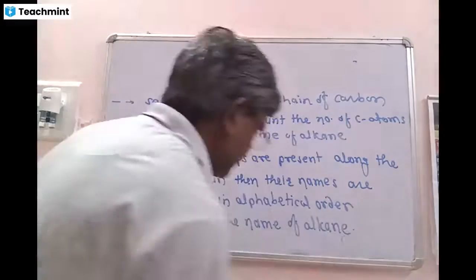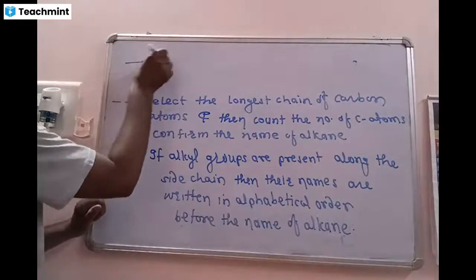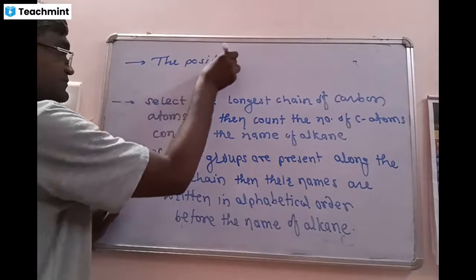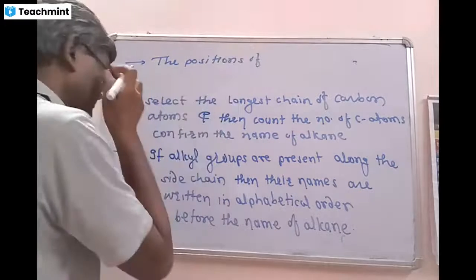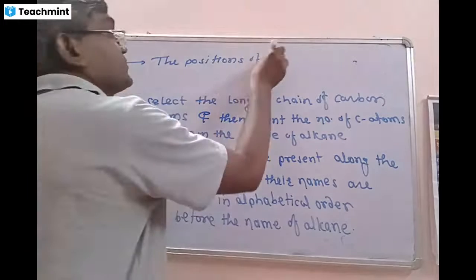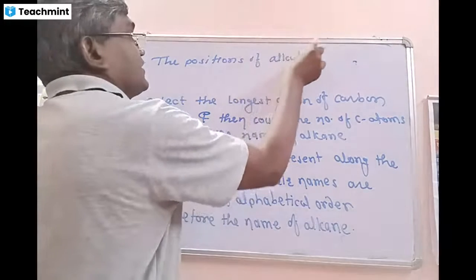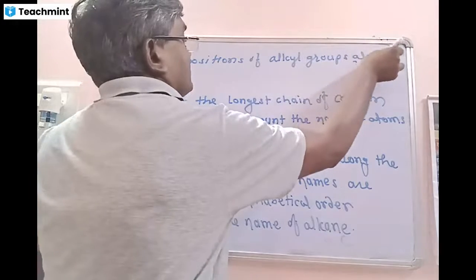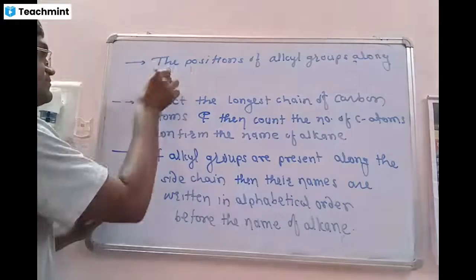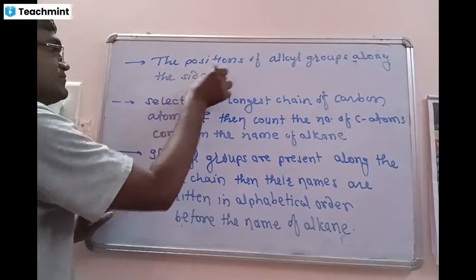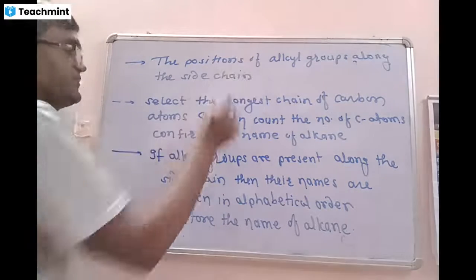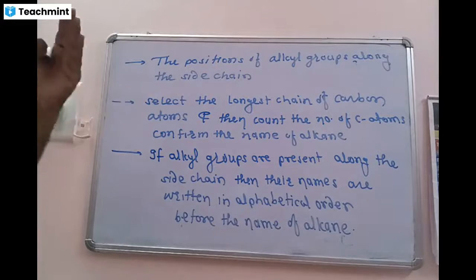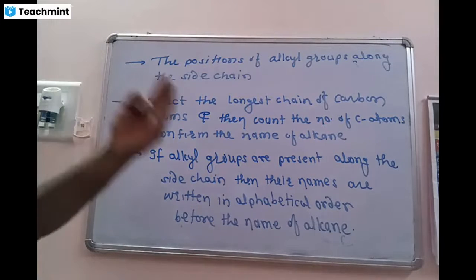Now the next point is the positions of alkyl groups along the side chain. साइड चेन में तो है, अल्फाबेटिकल ऑर्डर में भी लिख दिया आपने. अब क्या बचा है, वो कौन से नंबर के कार्बन पे लगे हुए है.